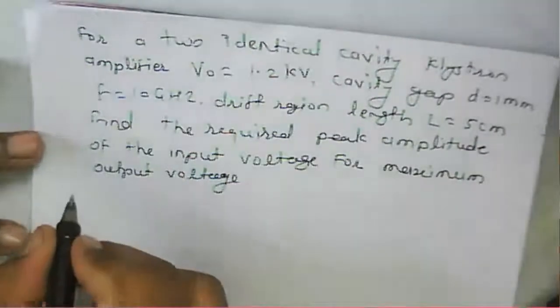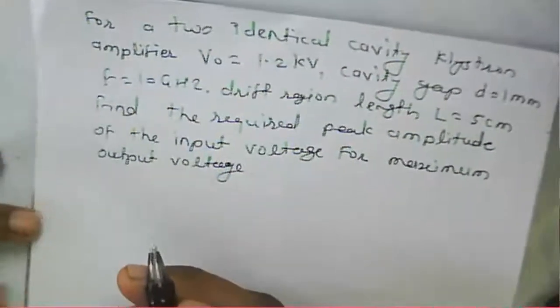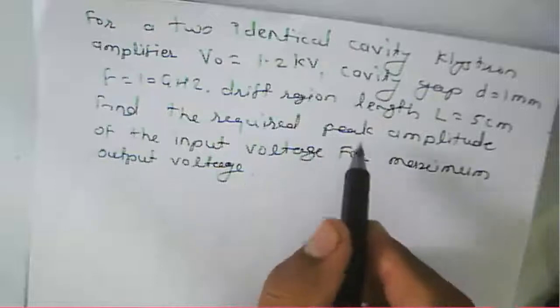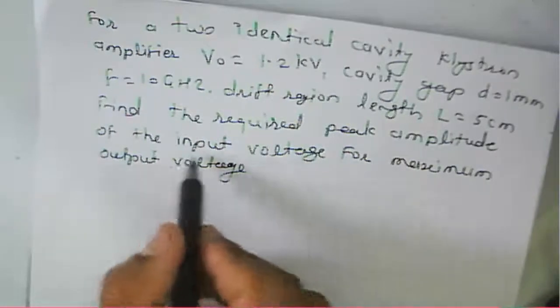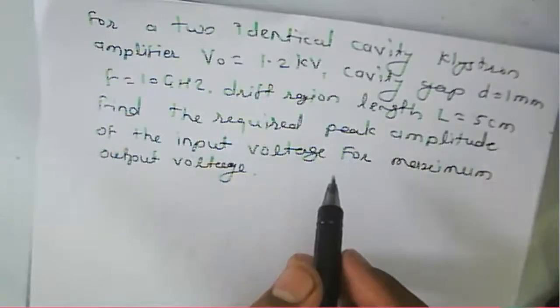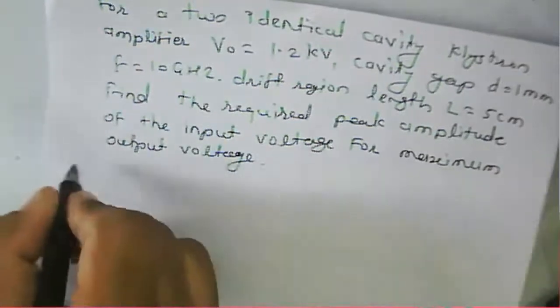Okay, that is our aim: to find the required peak amplitude of the input voltage for the maximum. It's V1 max. Our aim is to find out the V1 max here.